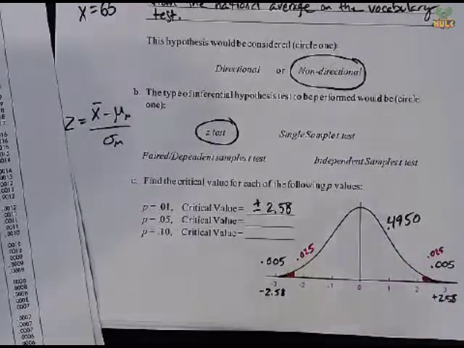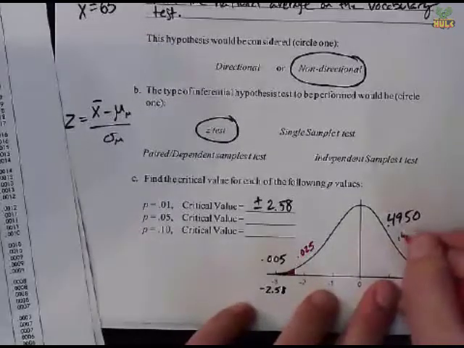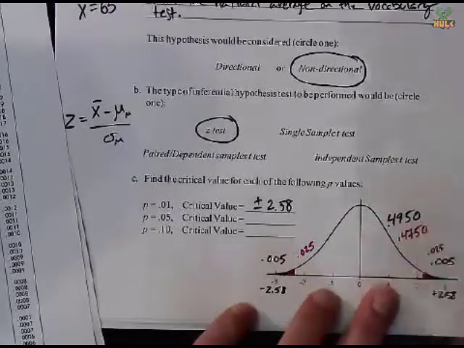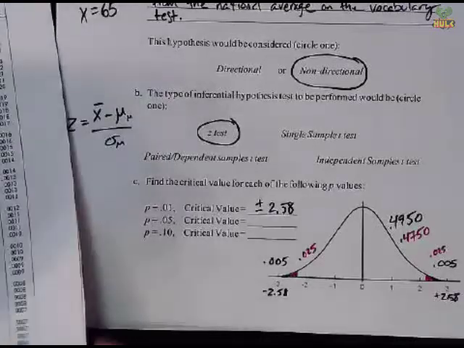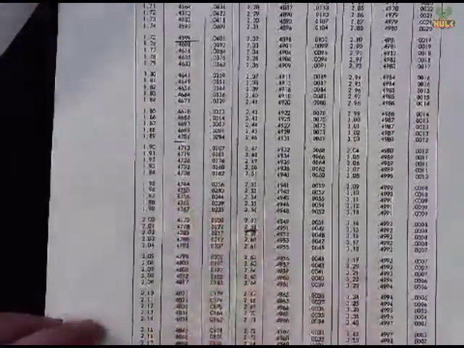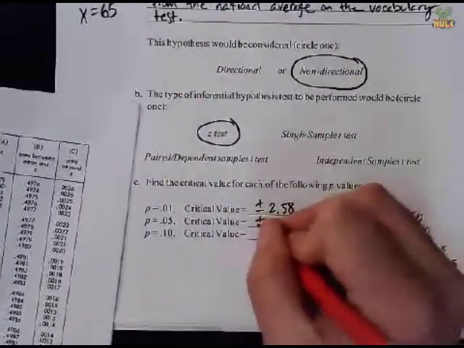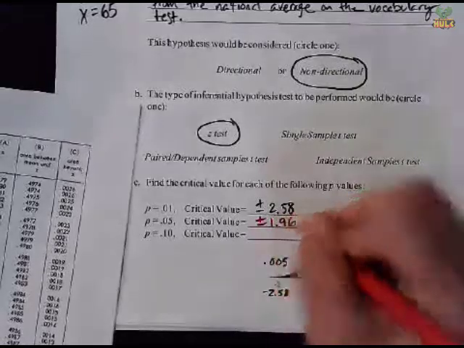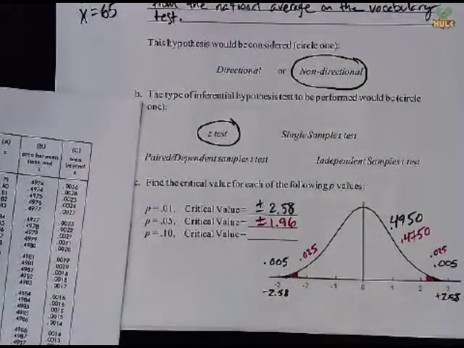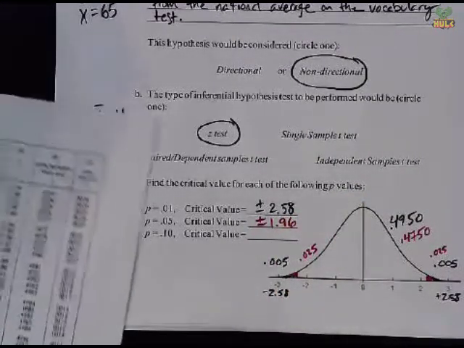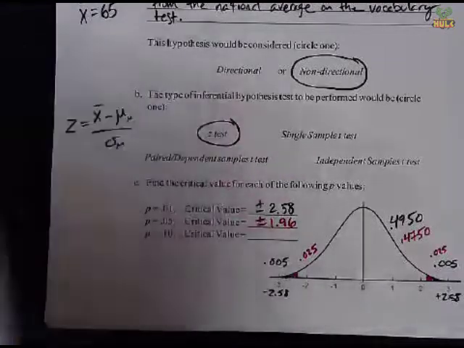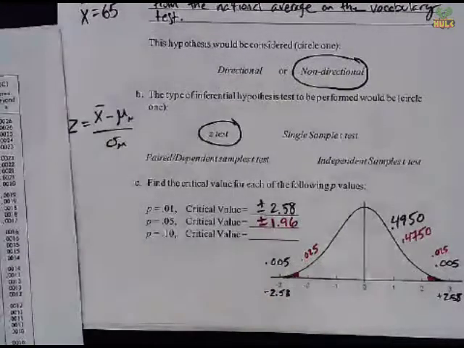In this case, that would leave then 47.5 in the middle of the distribution. So we go and we find the value that corresponds to 0.4750, find that one over here, and that is our cutoff of plus minus 1.96.